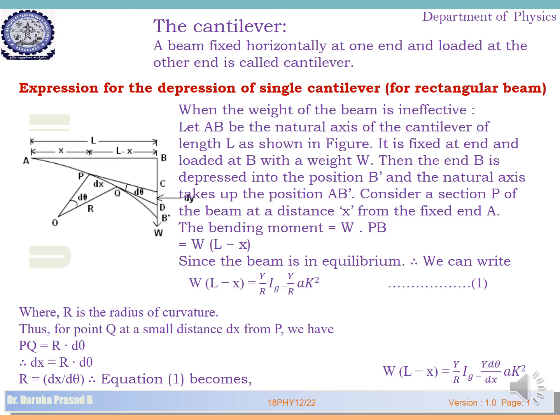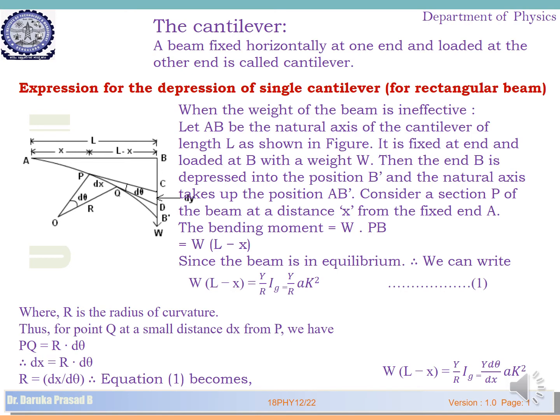So we have to derive the expression for the depression of a single cantilever in terms of Young's modulus, or derive the expression for Young's modulus of a single cantilever in terms of the depression due to the applied load W.